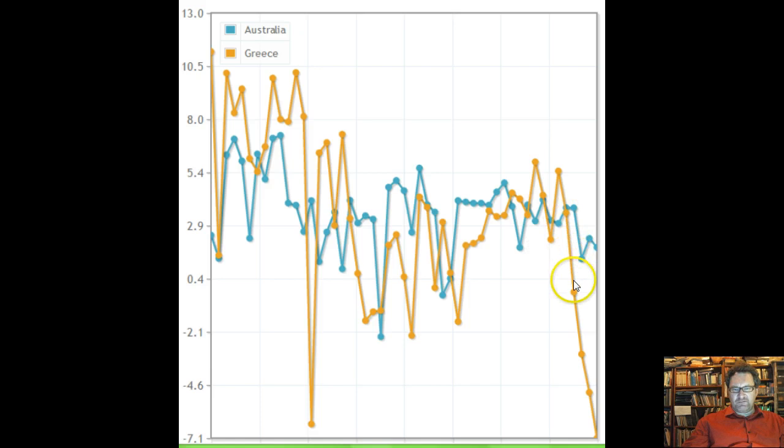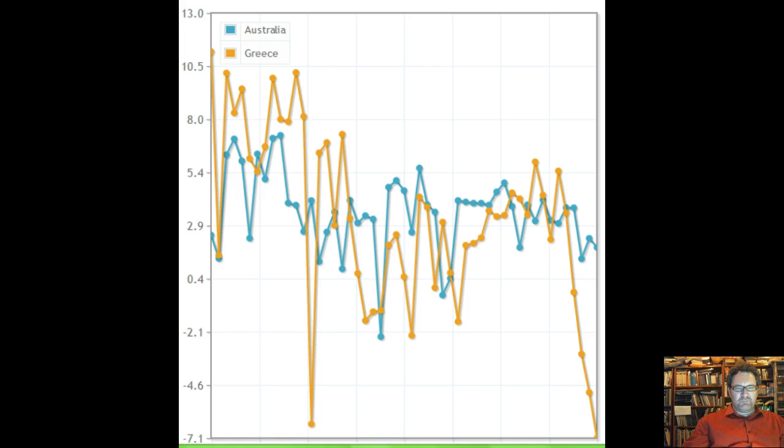You can see Greece clearly has, from 2008 onwards, negative economic growth. It's almost 0%, and it goes to negative 3% and negative 4.9%. So not good news for Greece.